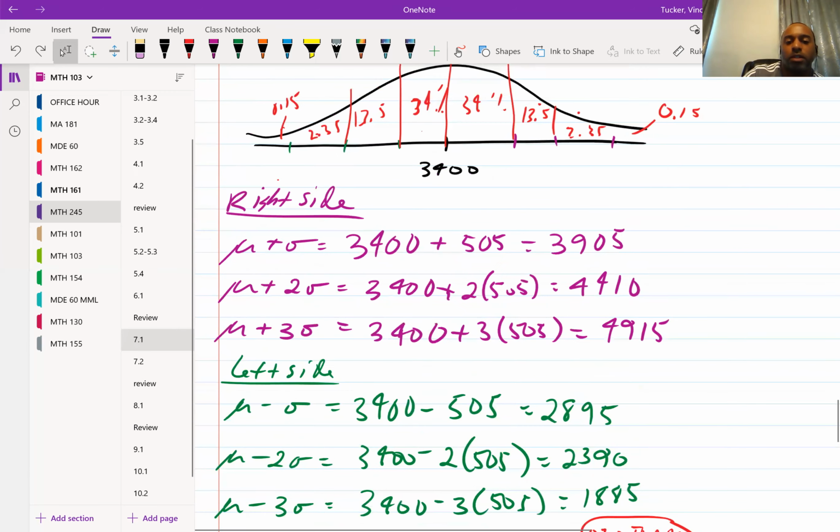Remember, we were looking for less than, and the chart value always gives less than. So we're going to use the chart value.